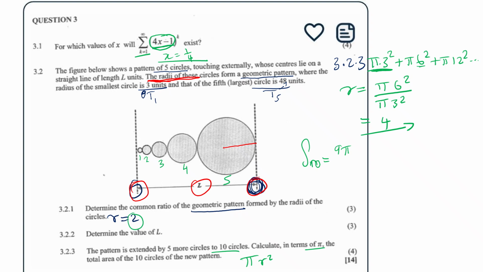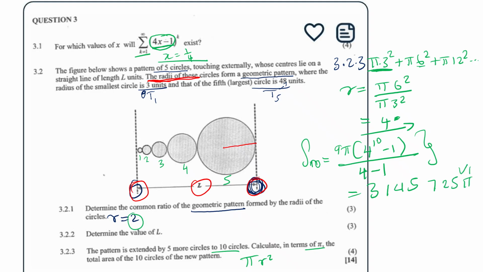So a is 9 pi, times 4, our r over here, to the power n, which is our 10, minus 1, divided by r minus 1, which is 4 minus 1. If you punch this on your calculator, you're going to end up with 3,145,725 pi. Good. So this is the answer.